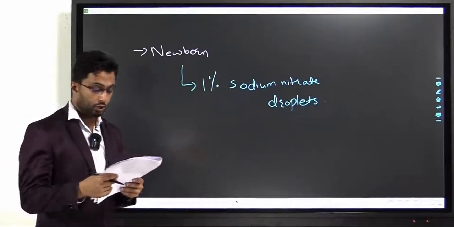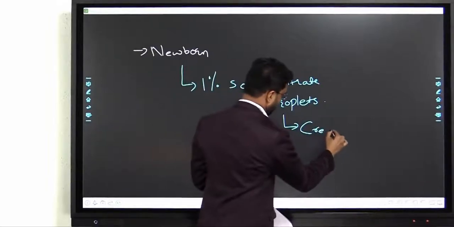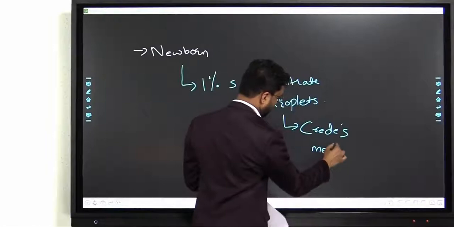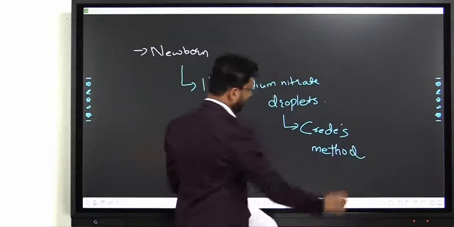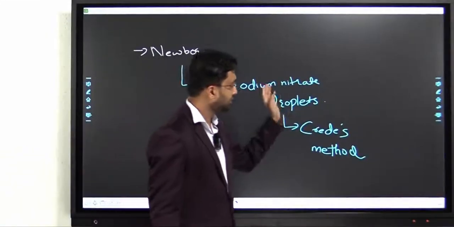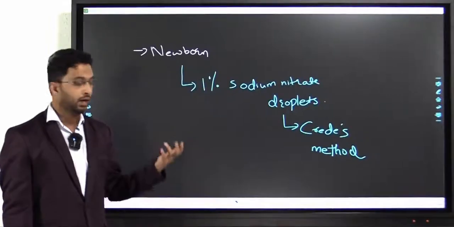And it has a name, it's called the Crede method. All these are very difficult to remember, so the only way to remember is to keep on revising them, develop photographic memory. 1% silver nitrate droplets, Crede method, to prevent ophthalmia neonatorum.